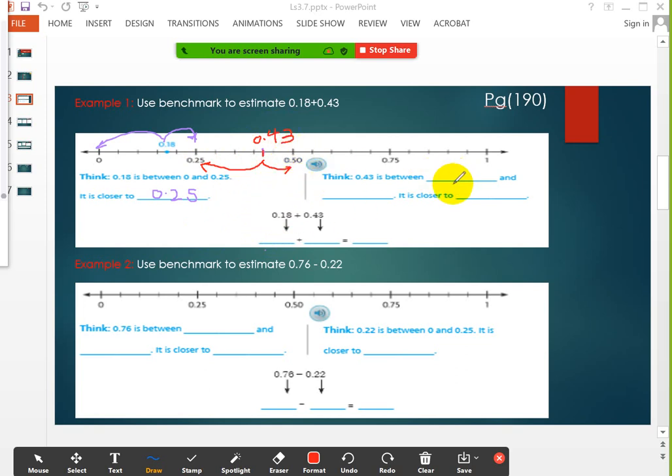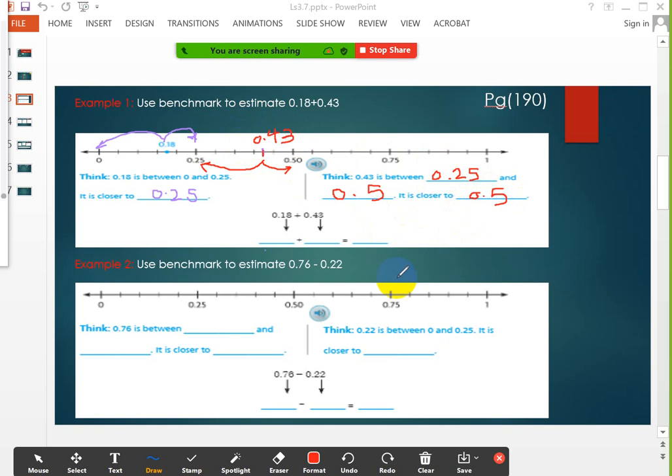So the number 0.43 is between 0.25 and 0.5. And the closer number to this number is 0.5. So I can round this number into 0.5.